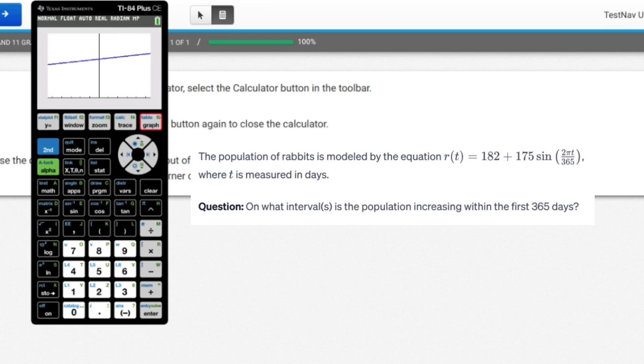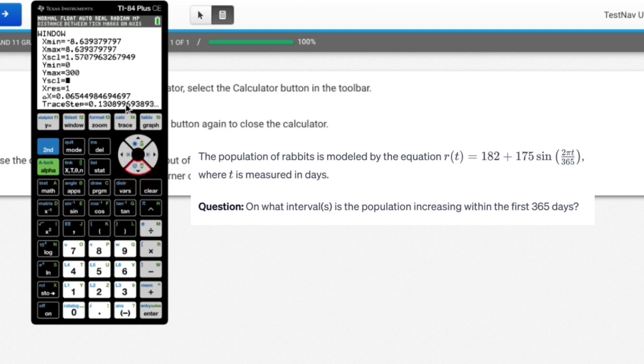All right. Now, clearly, this isn't going to do it. Why? Well, the problem mentions the first 365 days, and it looks like I don't have 365 days. So let me make my window go from, I don't need any negatives because negatives mean negative time, and that doesn't make sense.